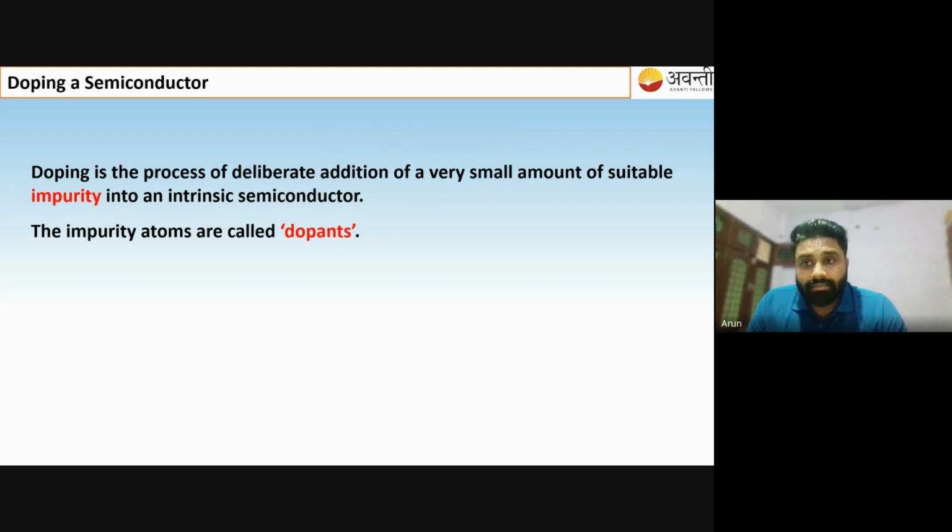Now, in a semiconductor in which the number of electrons is more than the number of holes, which means negative charge carriers are dominating, we will call it an n-type semiconductor, which means the majority of the charge carriers are negative. Negative means electrons. So in an n-type semiconductor, the majority charge carriers are electrons.